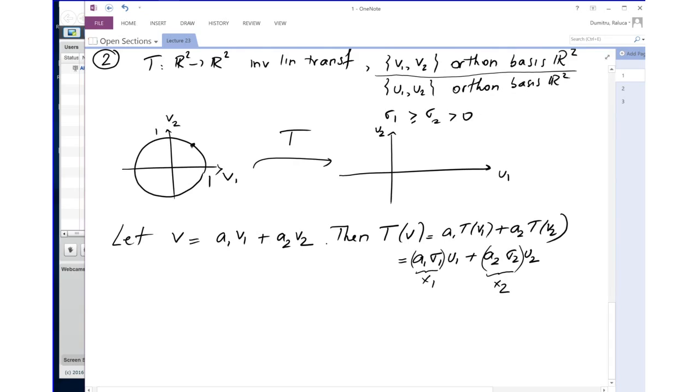So the idea was that I'm interested in those vectors on the unit circle. So let's say v just sits on the unit circle. If it is on the unit circle, then its norm is 1. The inner product between v and itself is 1.